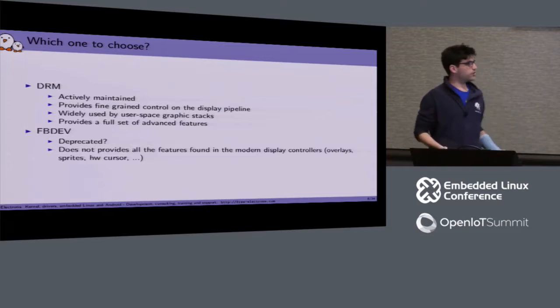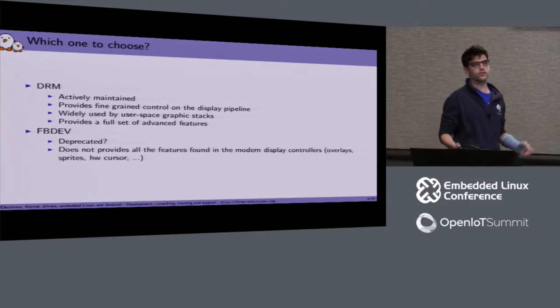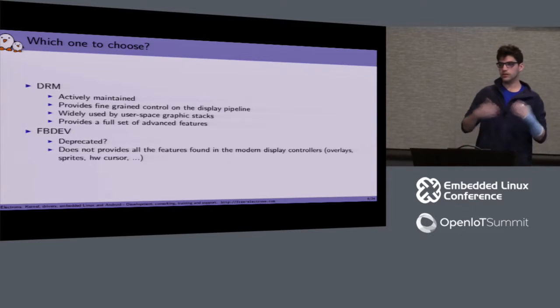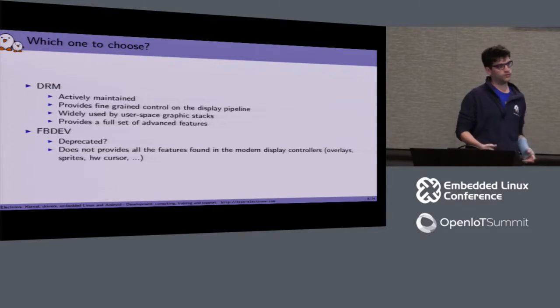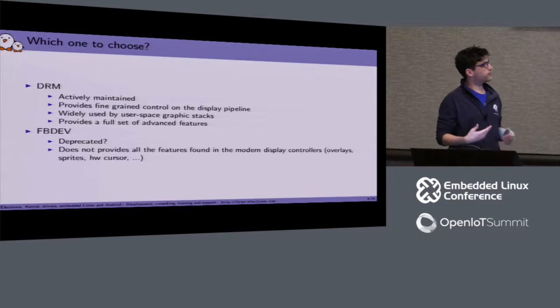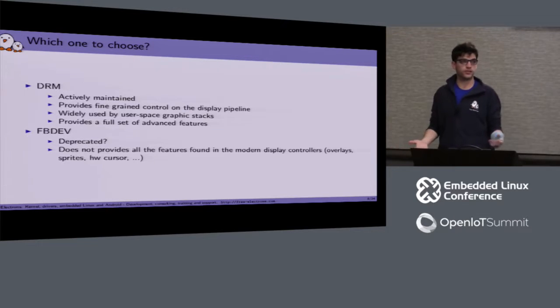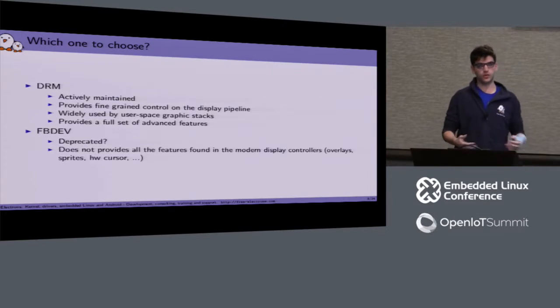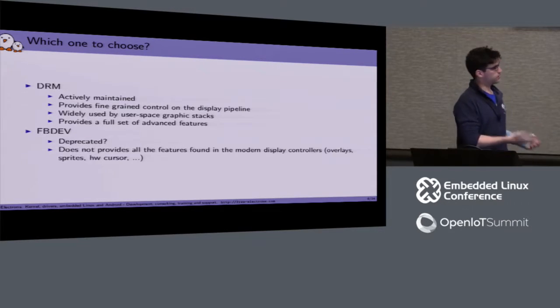It's widely used these days by basically every component of your graphical stack. So X, Wayland, you name it, Qt, and so on can work directly on top of KMS. And so it has a lot of advanced features, and so it's the default these days when you are dealing with a display engine from a modern SoC with several components that we are going to see a bit later.